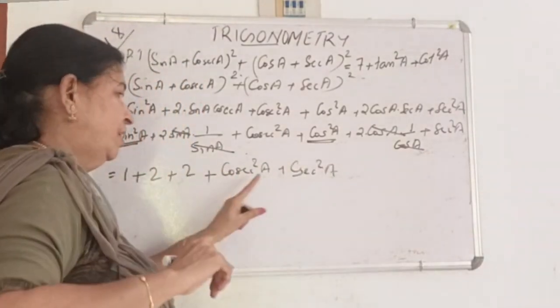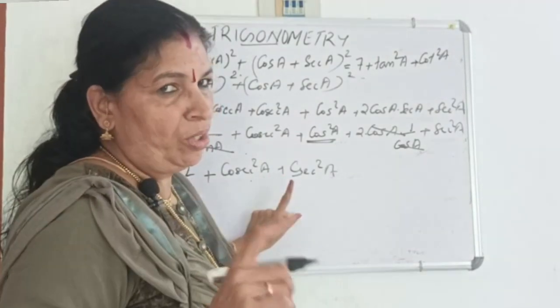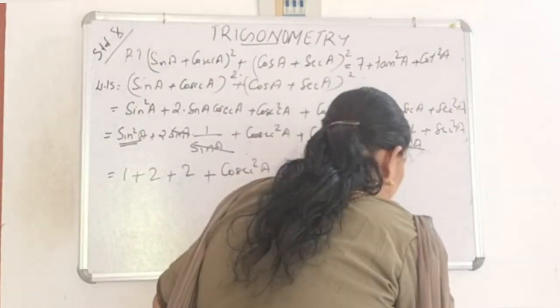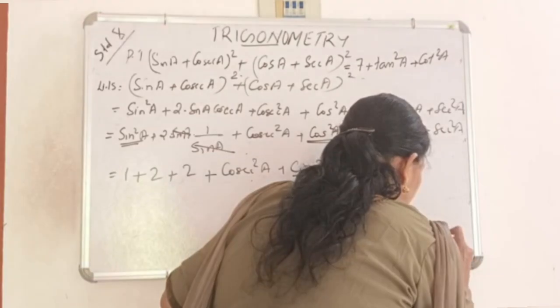We have trigonometric identity sec² A − tan² A = 1.